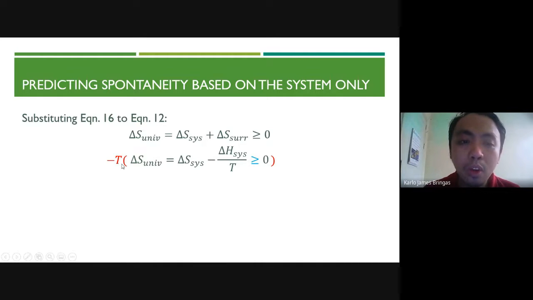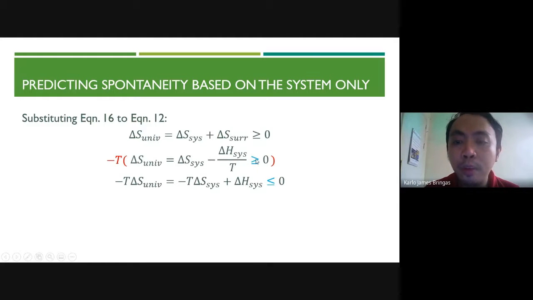Doing so, multiplying every term by negative T, gives us now the following. So notice that when we multiplied all the terms in this equation by a negative constant, our inequality flipped over. From greater than or equal to, it has now become less than or equal to.